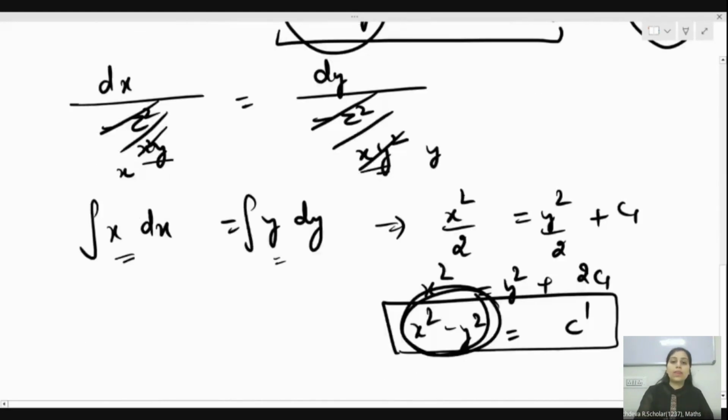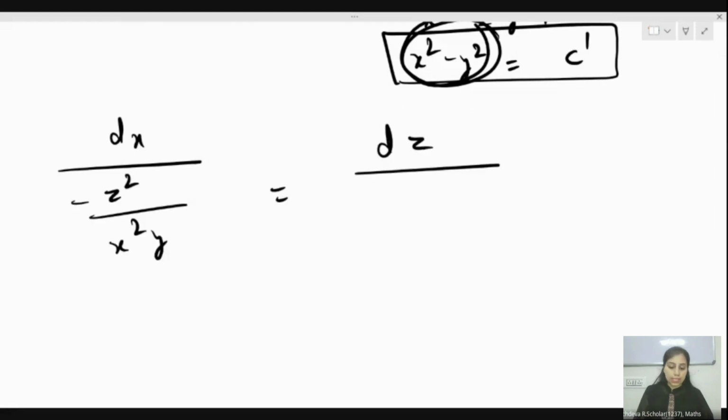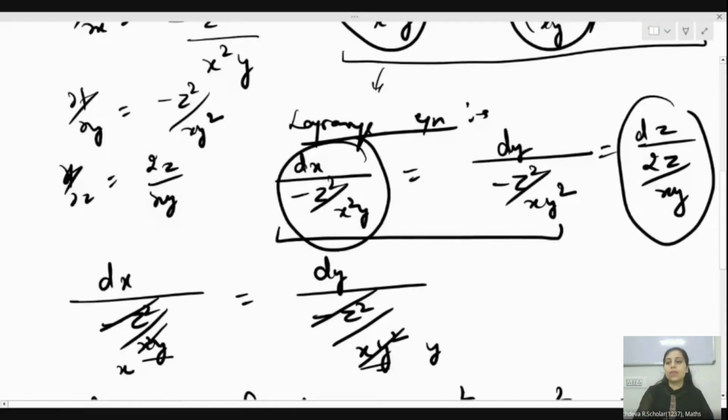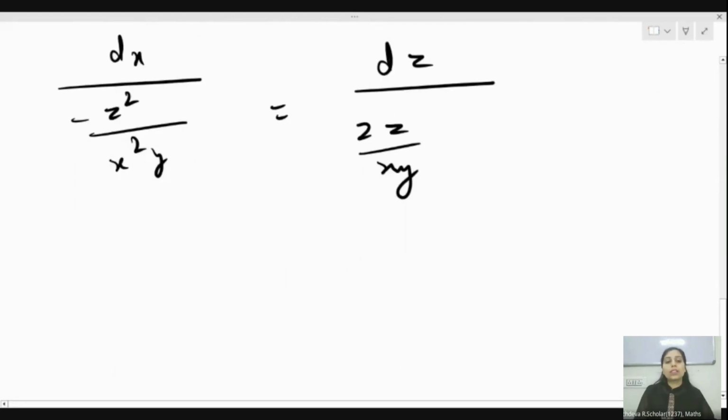So this pair will give dx upon minus z square upon x square y is equal to dz upon 2z upon xy. You can see from here dz upon 2z by xy. So in this, just cancelling one z from one z, xy to xy, we remain with x.